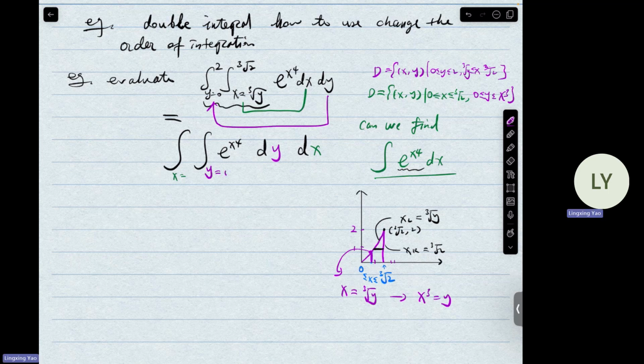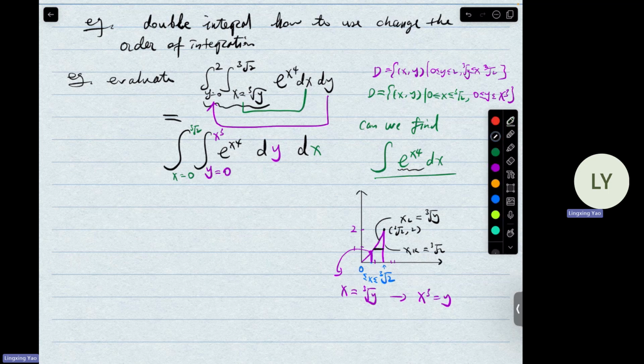Now we can write the lower and upper bound for the y variable for the inner integral like this. And obviously, this is given the condition x is bounded between 0 and the cubic root of 2. So this is what we should do.